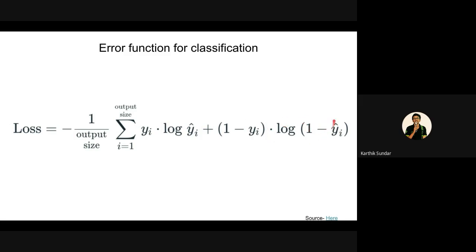This will give output as 0, which means the loss is less. And when the actual y is 0 and you are predicting something close to 1, then again you'll get a higher loss. So this loss function for classification is designed in such a way that whenever you are predicting correctly, you have less loss, and when you're predicting incorrectly, you have more loss.